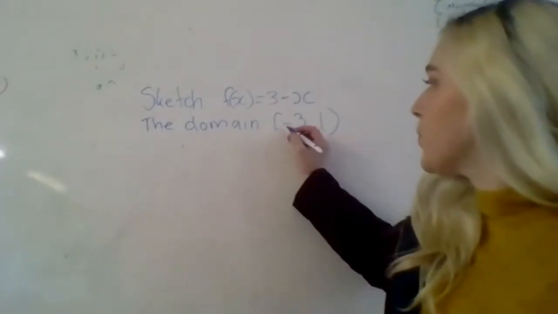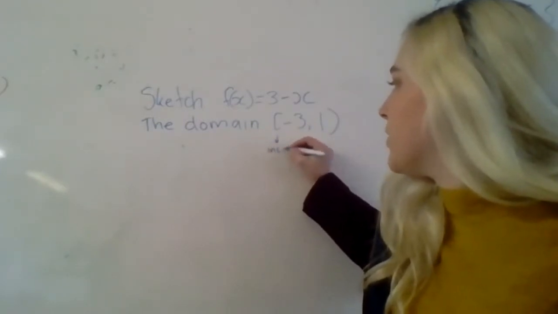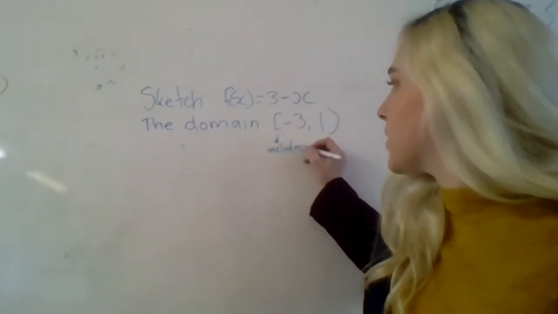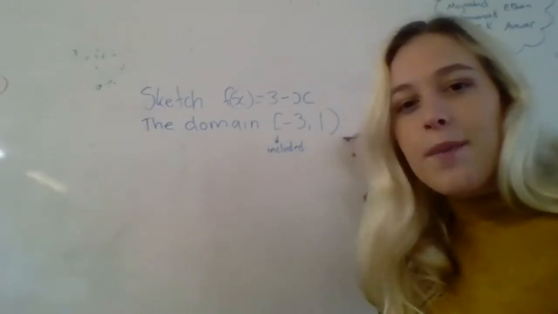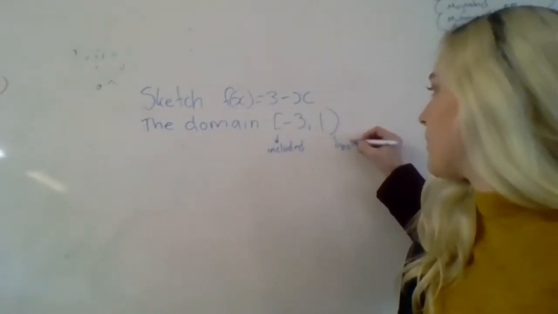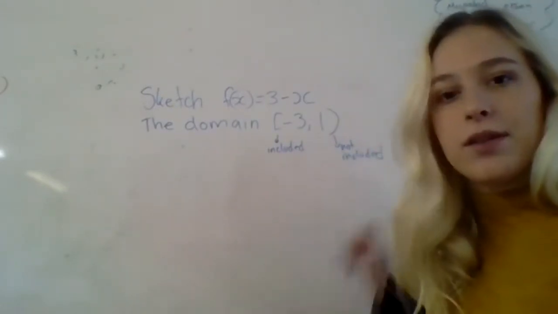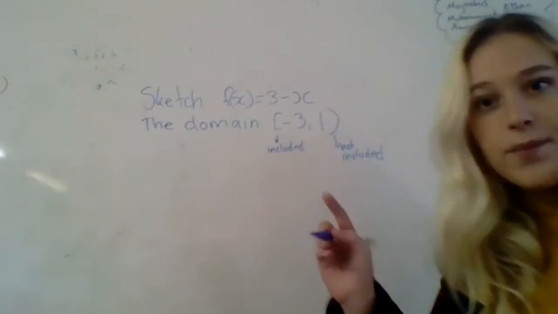When we use a square bracket, that means included. And when we use a circle bracket, that means not included. Okay, so that's just a quick reminder.